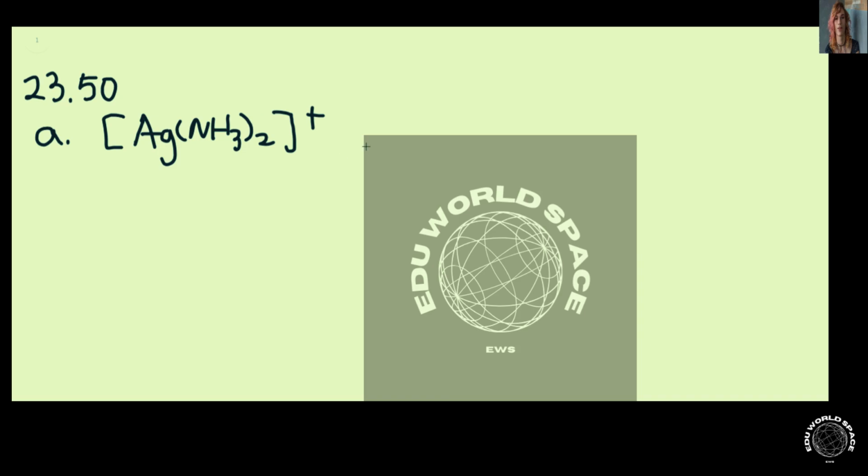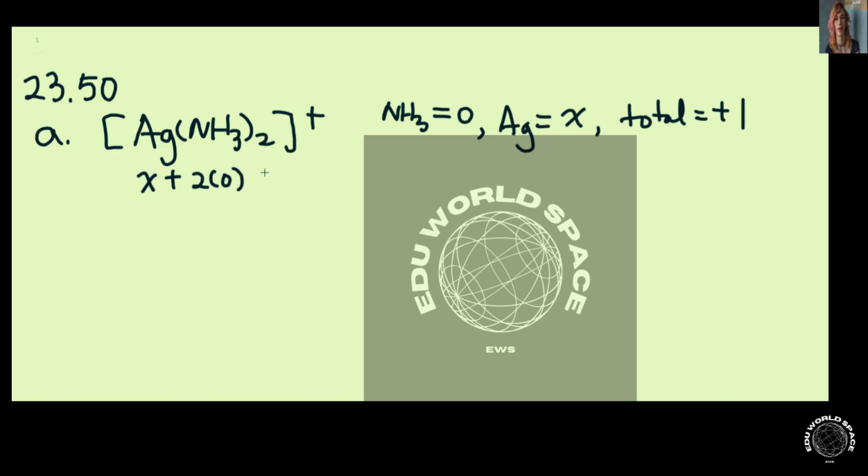In this complex, the oxidation state of ammonia, NH3, is equal to 0. If we assume the oxidation state for silver is X, and we know the total charge is +1, we have the following equation: X plus 2 times 0 equals +1.